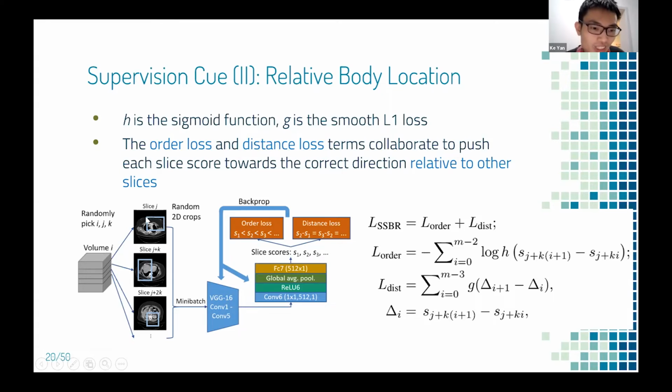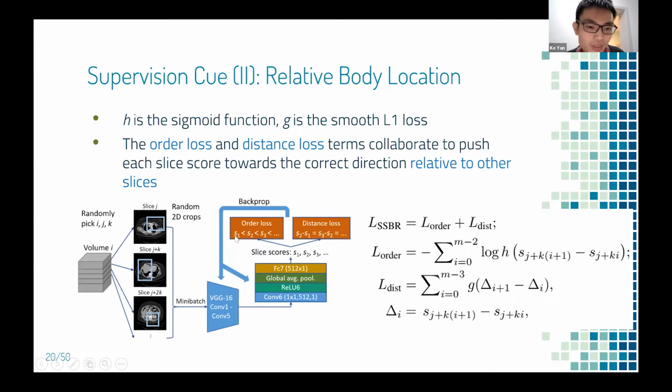For example, slice J is above slice J plus K, and this slice is above J plus 2K. So we have natural order information of these 2D slices, and then we can randomly select a series of 2D slices, input them into a convolutional network, and predict one score for each 2D slice. And we ask these scores to form an order.